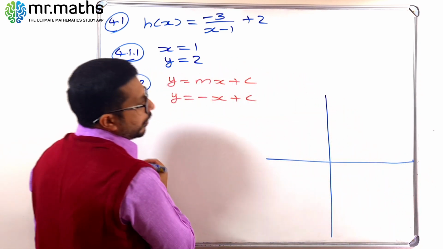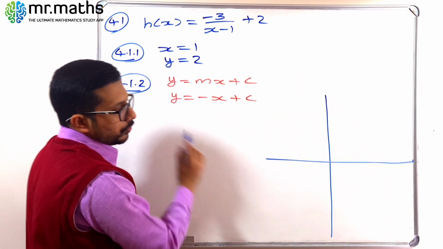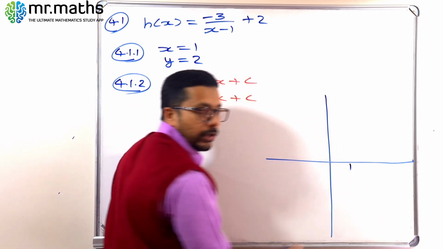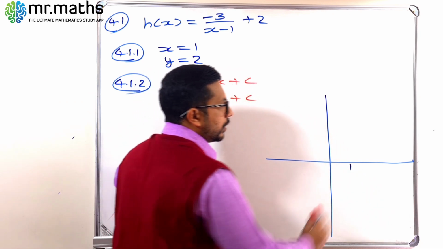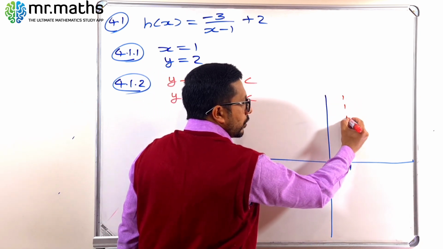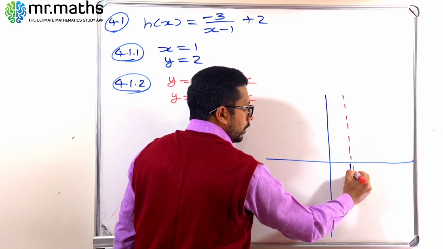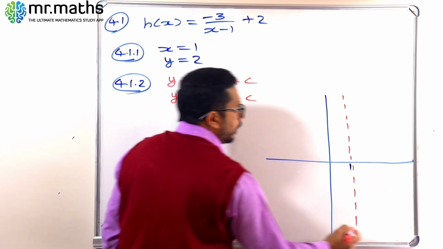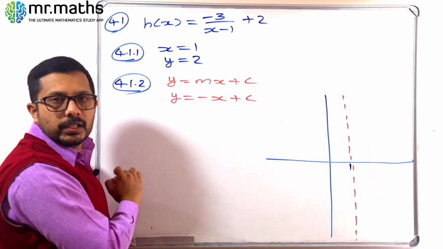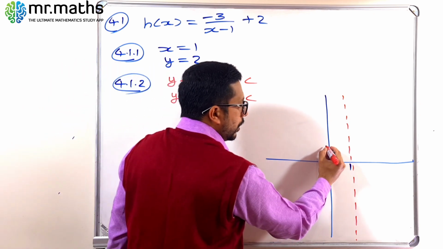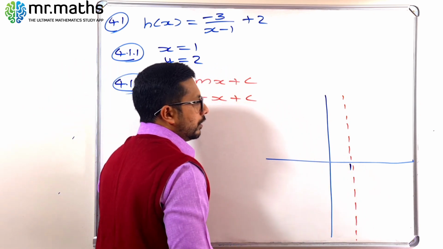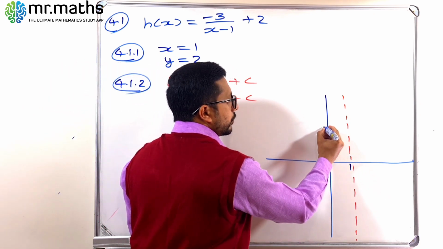So here what are the asymptotes? x is equal to 1. So assume that this is x equals 1, and this one is the asymptote. And what is the second asymptote? y is equal to positive 2. So assume that this is 1 and this one is 2.